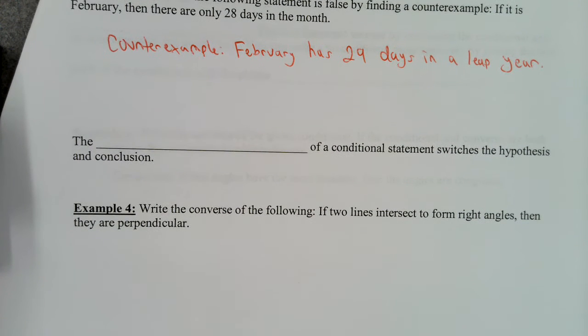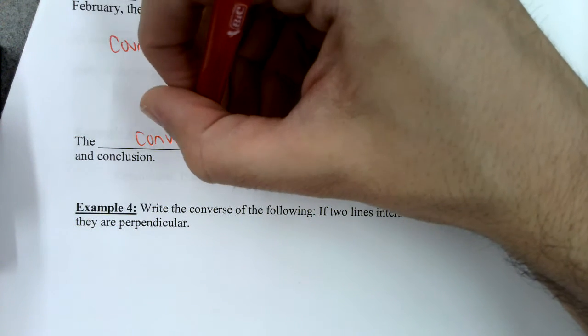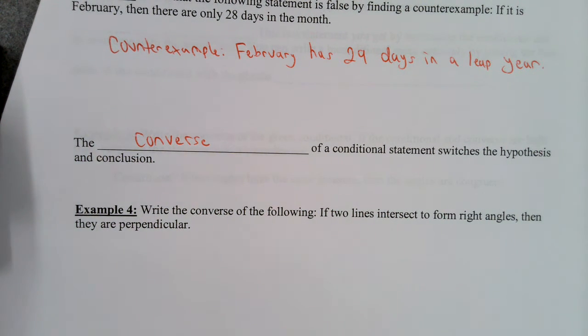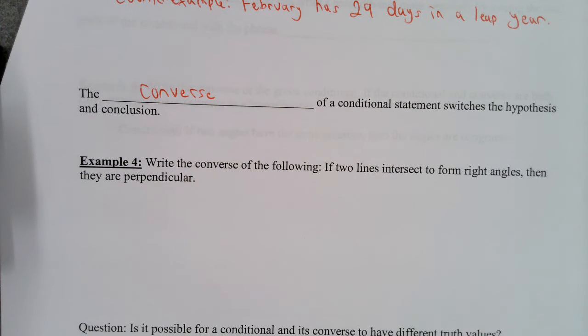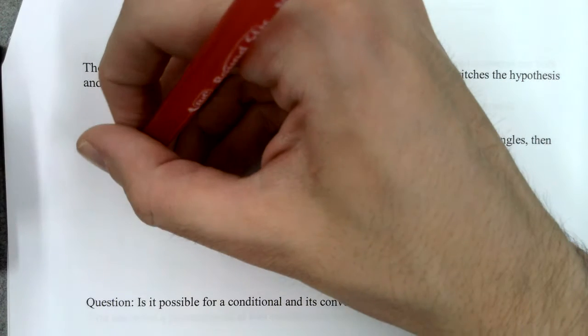Okay, this next definition is called a converse. The converse of a conditional statement switches the hypothesis and the conclusion. It's called a converse. Okay, so example 4, write the converse of the following. If two lines intersect to form right angles, then they are perpendicular.